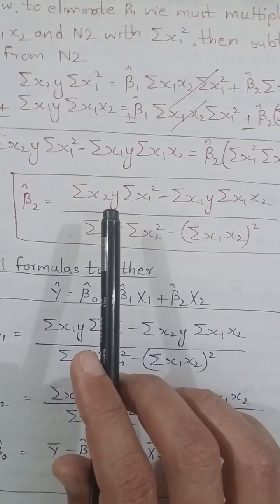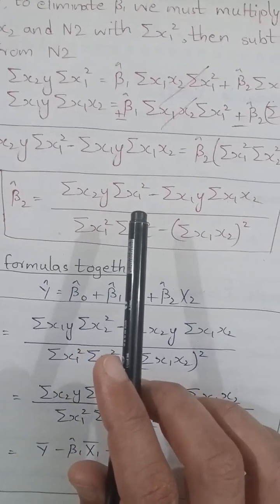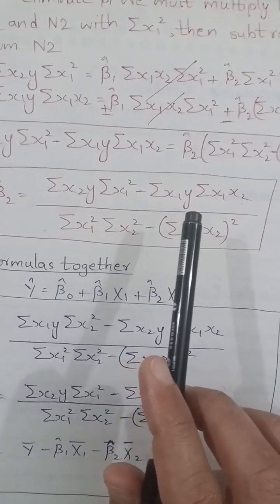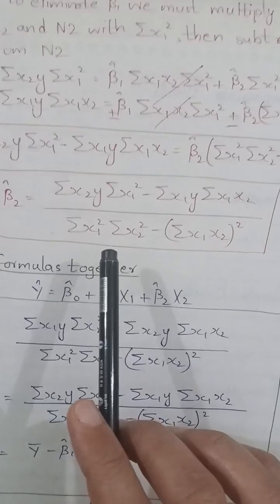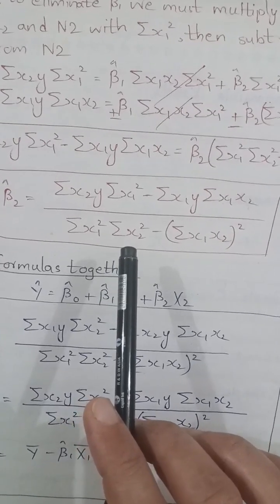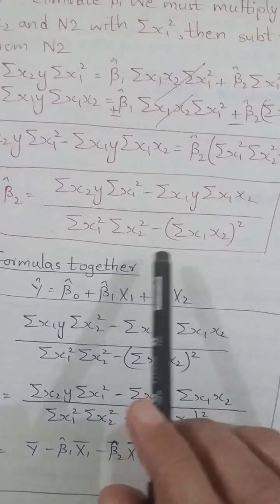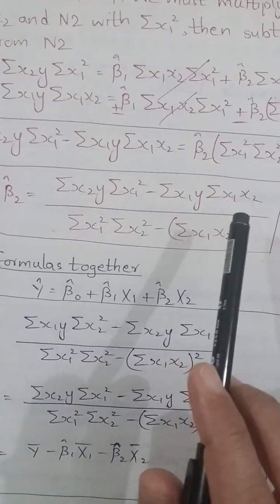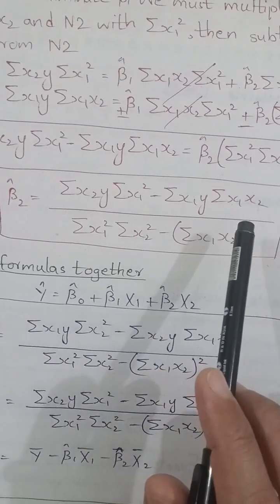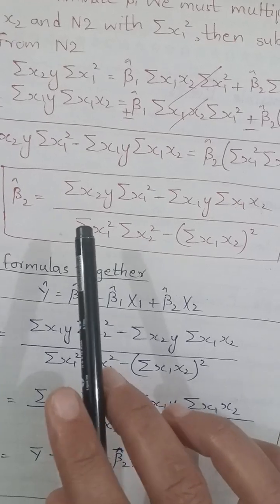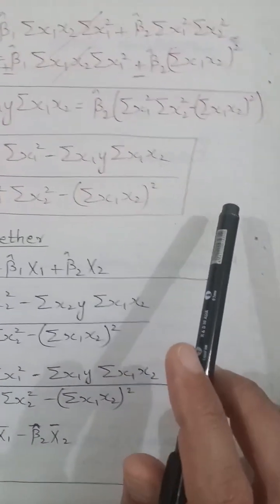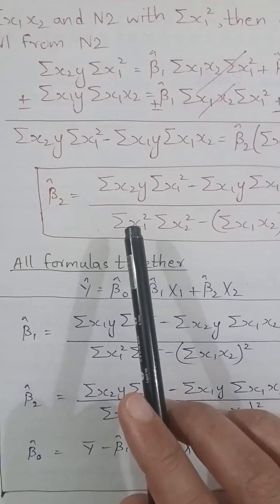So sum of x2y times sum of x1 square minus sum of x1y times sum of x1 x2, divided by sum of x1 square sum of x2 square minus sum of x1 x2 whole squared. Remember that in this formula x1, x2 and y are all in the deviated form. So this is the formula for beta 2 hat.